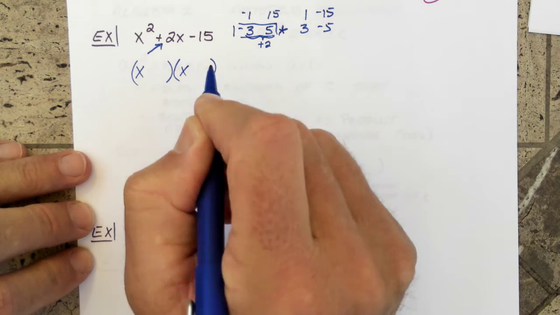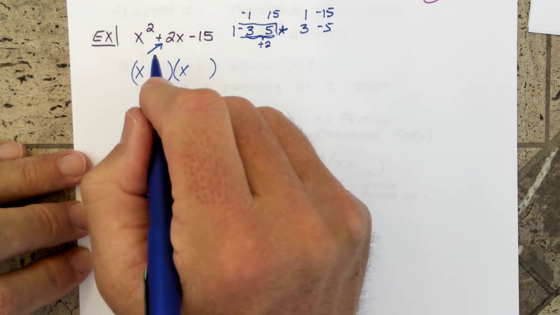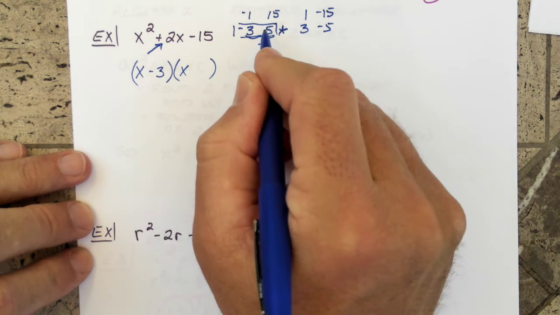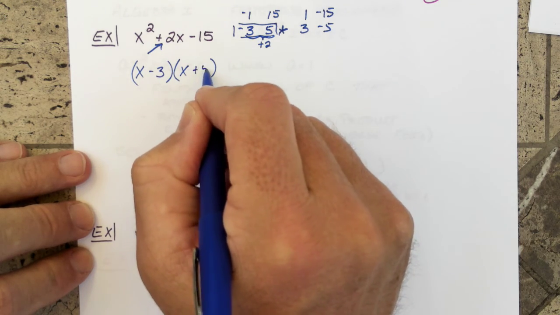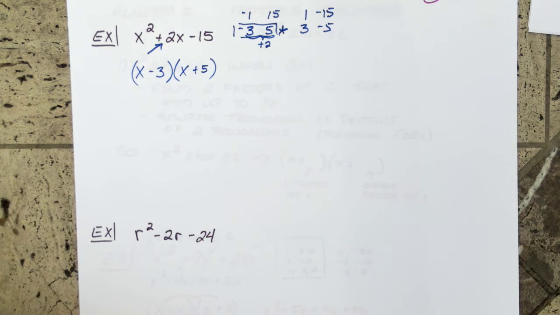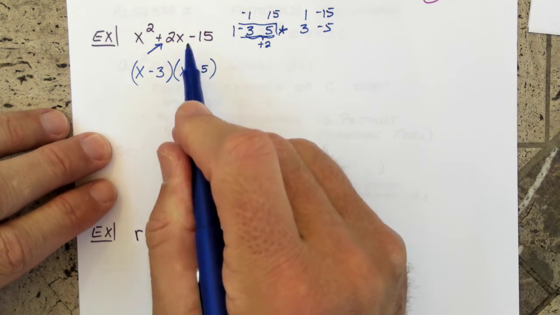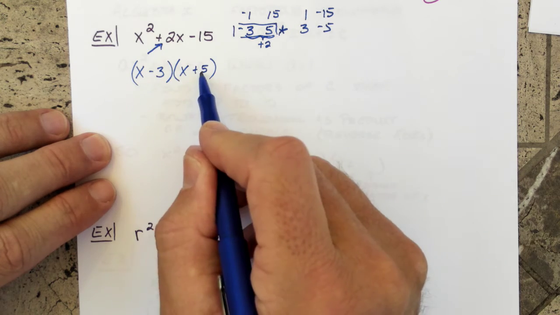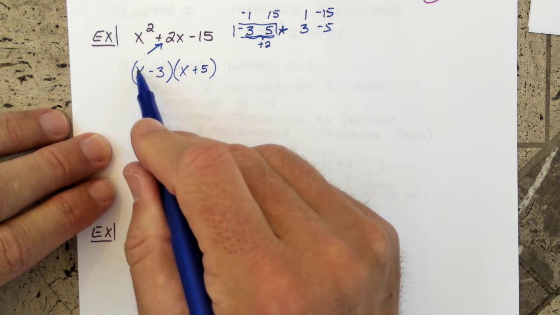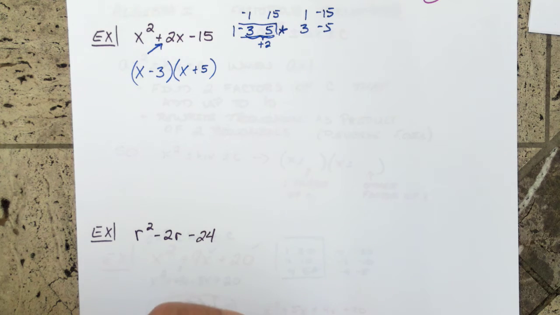Quantity of x. What's that say? -3, what's that say? +5. Let's see. -3 times 5, that. -3x. Positive 5x, add them together, 2x. What's x times x? X squared. Very good.